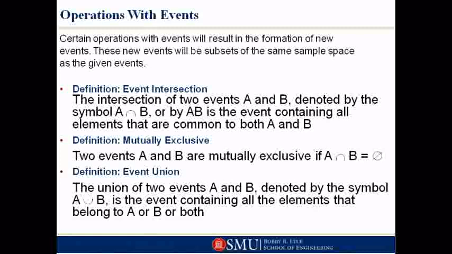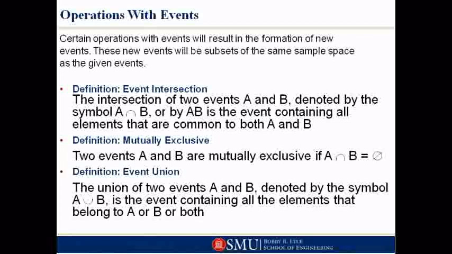And so what are the outcomes common to A and B? It would only be 6, if I rolled a 6, because 6 is the only even number that is greater than 4. Mutually exclusive: two events are mutually exclusive if A intersection B is equal to the empty set.